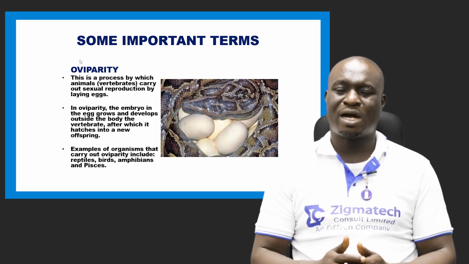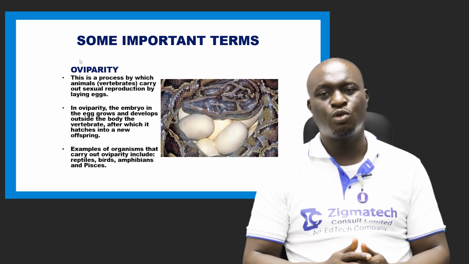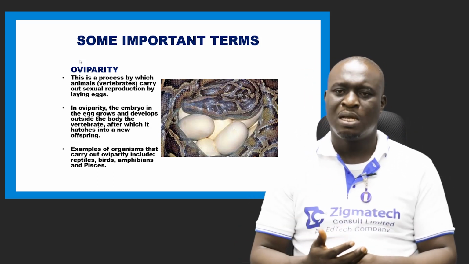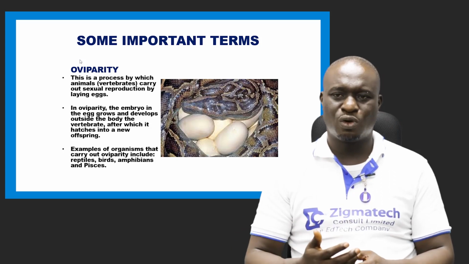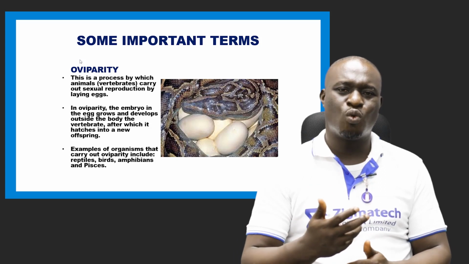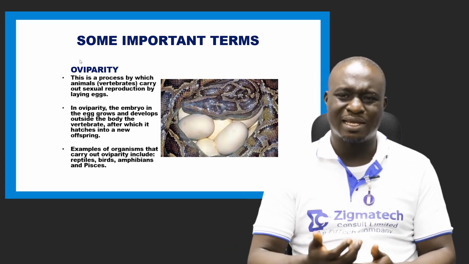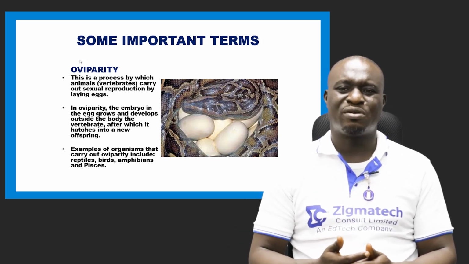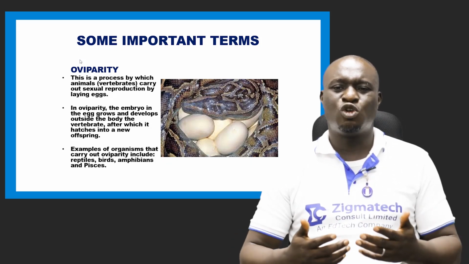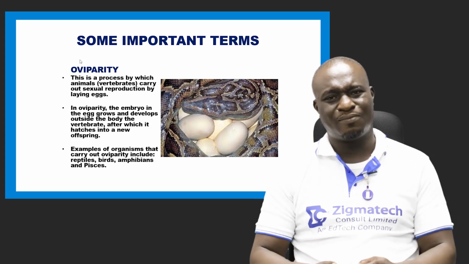Now, what is oviparity? Oviparity is a process, or you can call it a method of reproduction, carried out by animals through which they lay eggs. Thus, they give rise to their young ones by laying what? Eggs. The embryo in the egg later grows and develops outside the body.